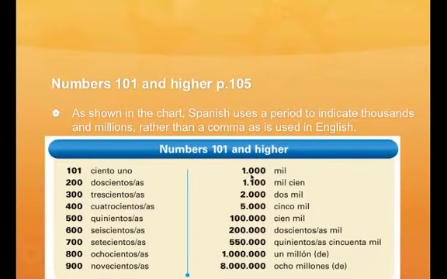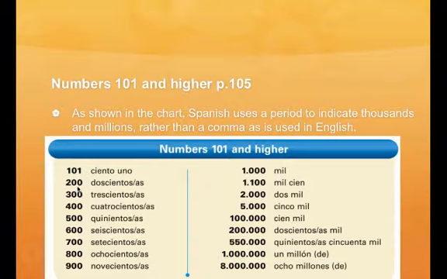That's just the substitute that we use in Spanish and in many other languages instead of a comma. Okay, so let's look here. We would say 100, we would say cien. However, when we start moving away from just 100, we see ciento, 101, 102, 103, 104, okay?